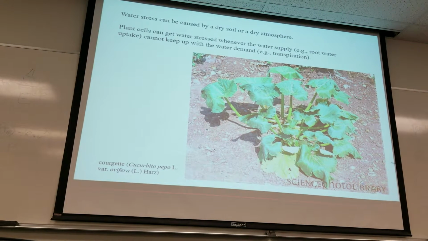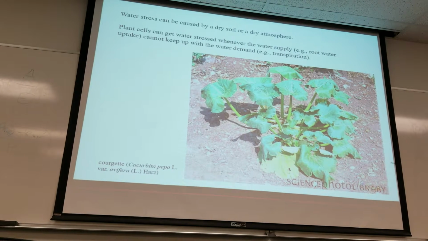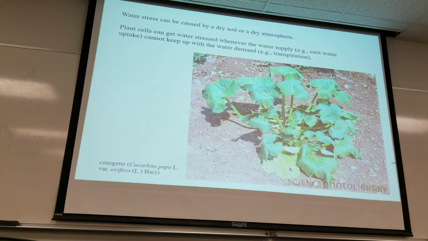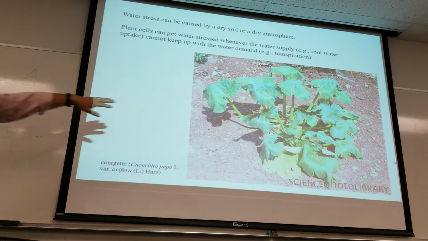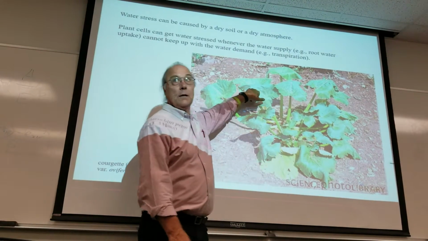Typically it's affected more in the leaf cells than in the root cells. The other thing that happens if the water stress is prolonged is the stomata close when they normally would be open. So even though the light's shining on this plant, these stomata are most likely all closed.